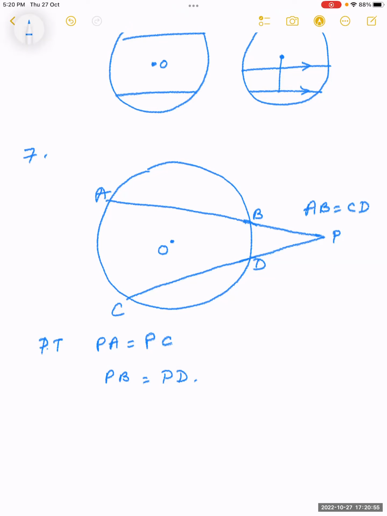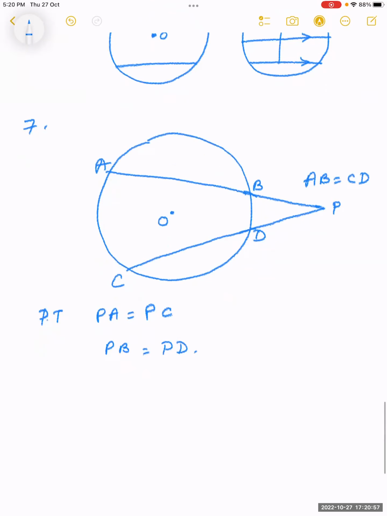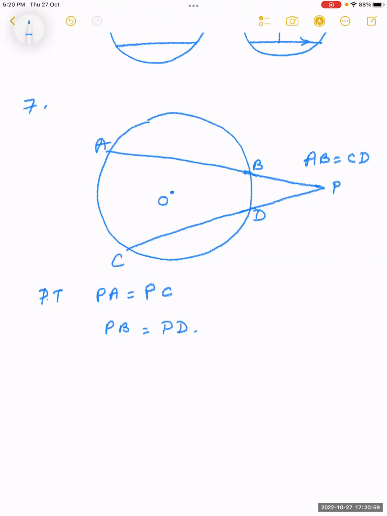Yes, ma'am. Okay. So here, I can do this by first drawing a perpendicular from O to AB and to CD. So what is it that I need to do? Draw perpendicular OM to AB and ON to CD. First we will draw two perpendiculars.